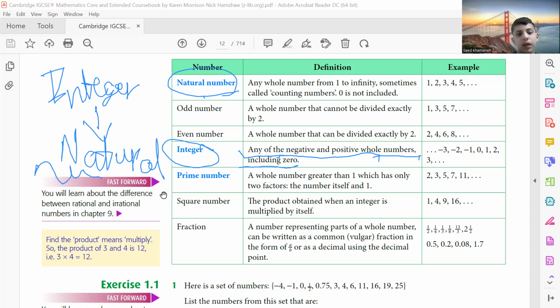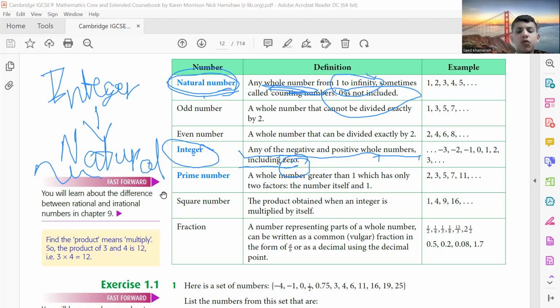Don't forget about that. Okay, so integers say about positive and negative numbers, including the zero. In natural numbers, any whole number from 1 to infinity, but if you include any zero in it, it is wrong.